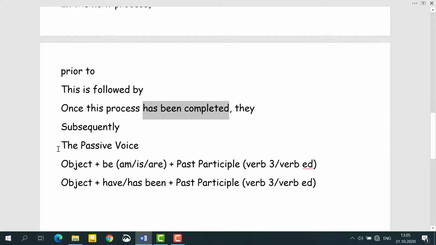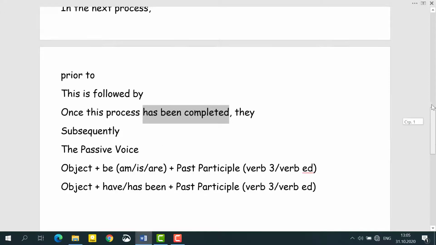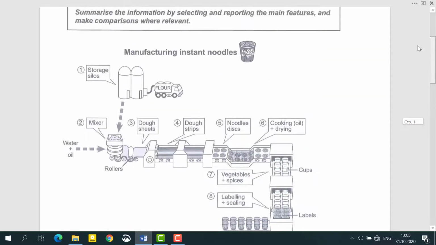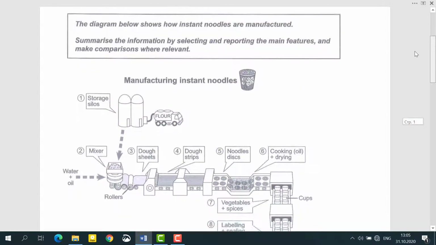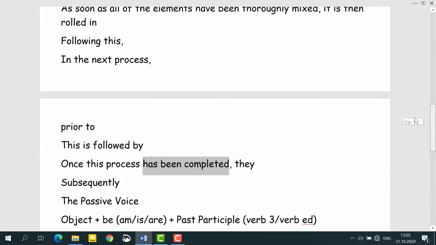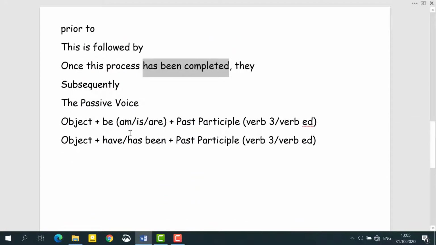And when you're describing the process of something, make sure to use the passive voice. That's exactly what the examiner wants to see. So what is the formula?